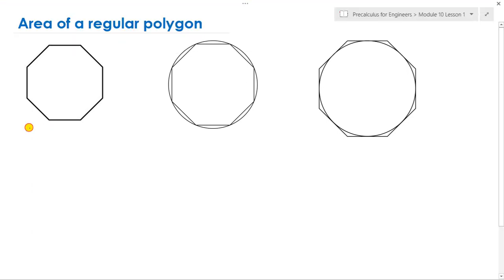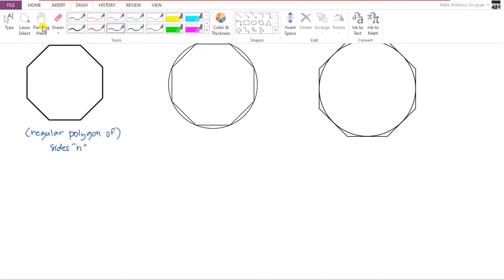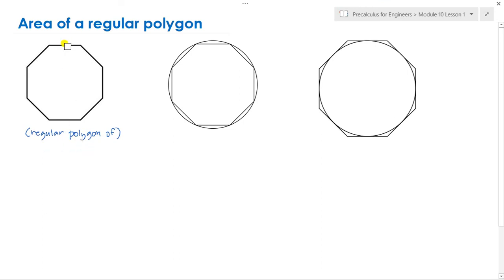This is a regular polygon of n sides, meaning n number of sides. Okay, so meaning ma-apply ni siya kung pila ka sides. Pwede kay 4, pwede 5, 6, 7, and so on and so forth.